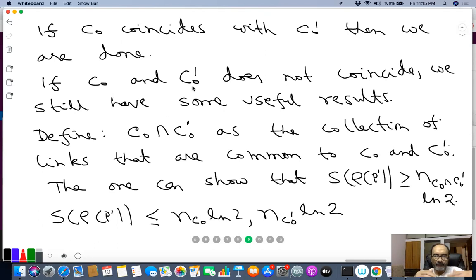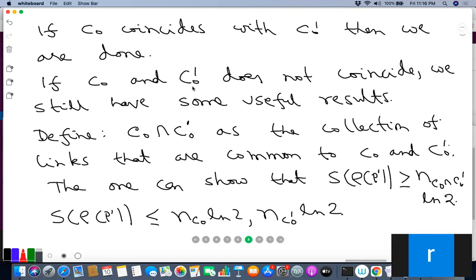The way I have described it, M starts from one side, N starts from the other side. If C0 and C0 prime do not coincide, then M refers to C0 and N refers to C0 prime. Whereas what we did earlier, we assumed there is one cut for which M describes one side of the isometry and N describes the other side of the isometry.